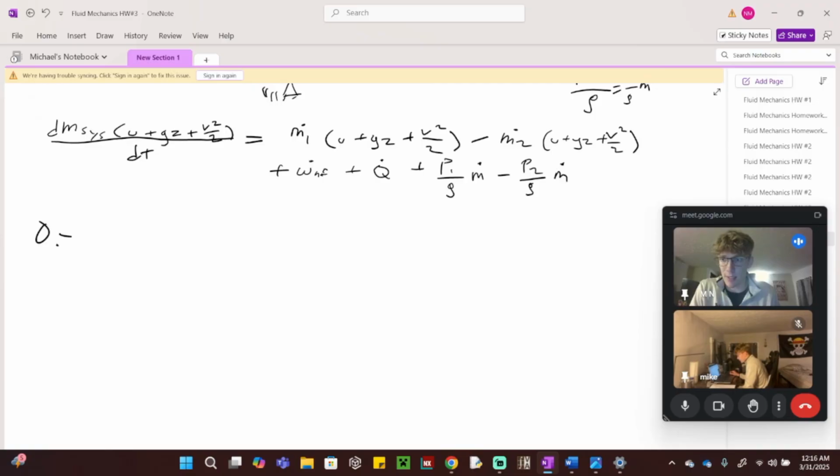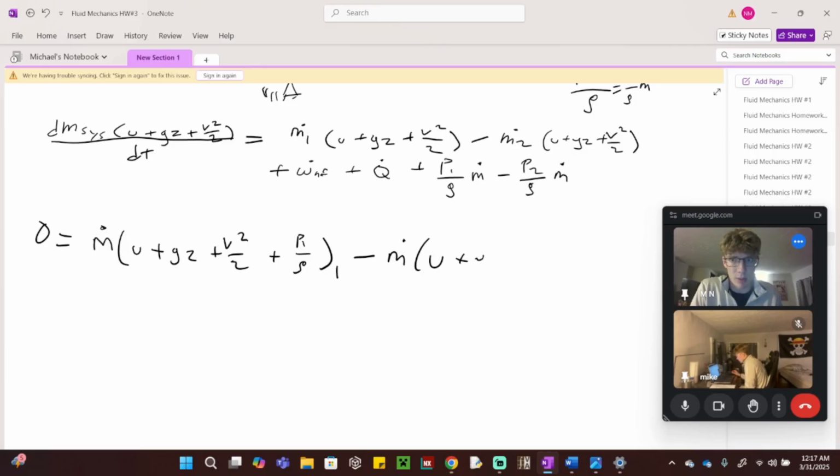So we have 0 is equal to m dot times u plus gz plus v squared over 2 plus P1 over rho, and this is our inlet, minus m dot times u plus gz plus v squared over 2 plus P2 over rho, and this is our outlet, plus our non-flow work, plus the heat transfer, or heat flow.